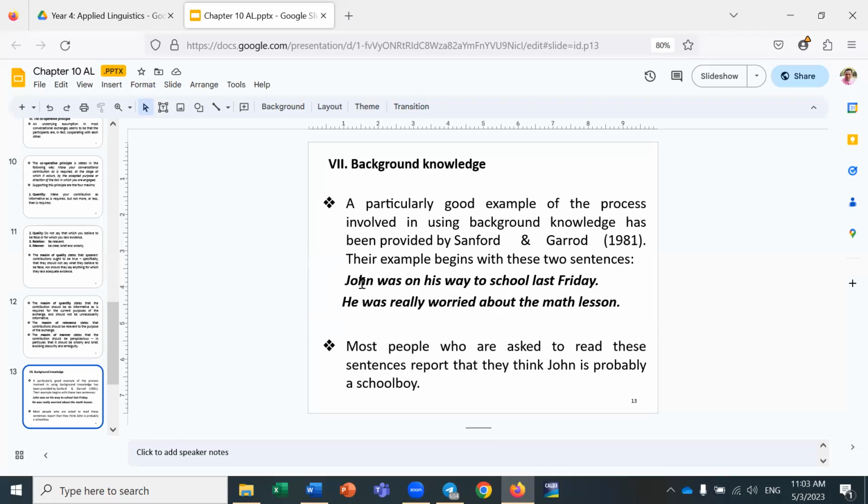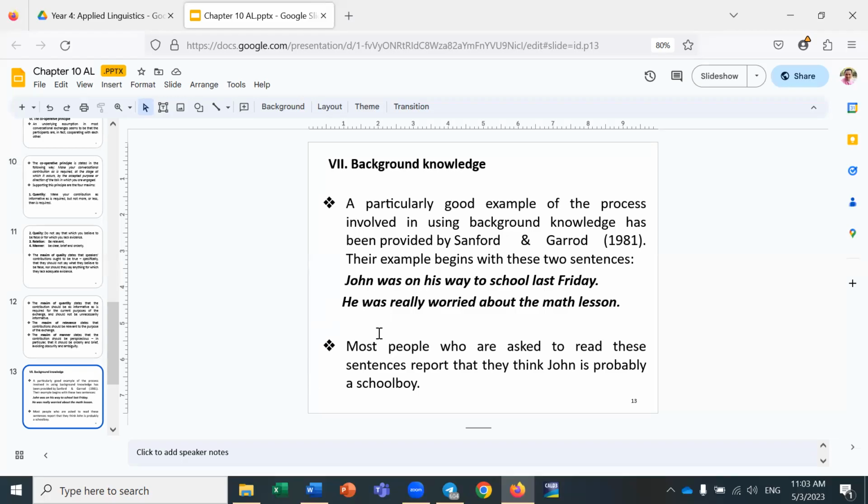And you might say that John was not good at mathematics, and that is the reason why he is worried about the math lesson. So, without any background knowledge relating to the situation, you may come up with many different interpretations of what the sentences mean.